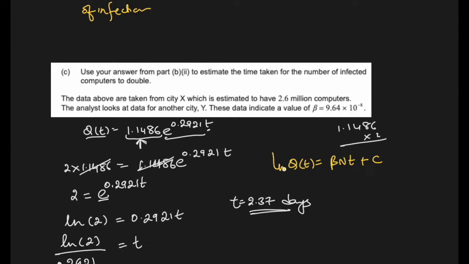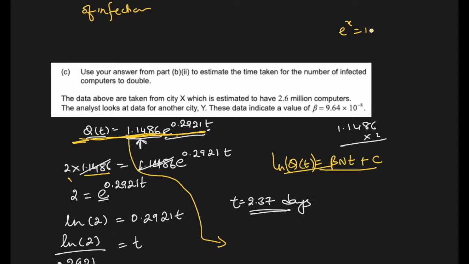So natural log of Q t is beta N t plus C. If I compare this with the equation I got here, can I convert this equation like this? I have done it already here, but I gave it a number. So let me write it here: e to the power something, let's say x, is 1.1486. So x will be natural log 1.1486, and let me use my calculator for this.